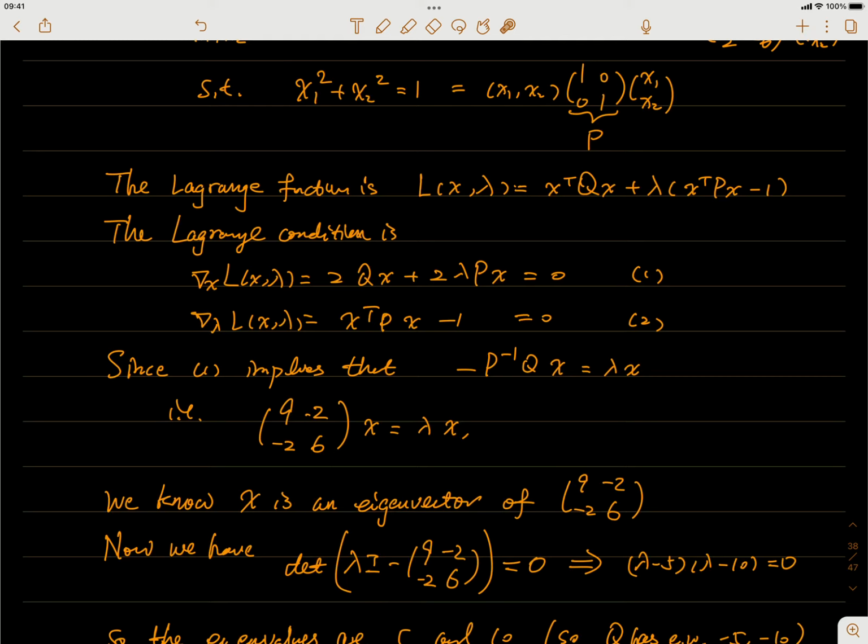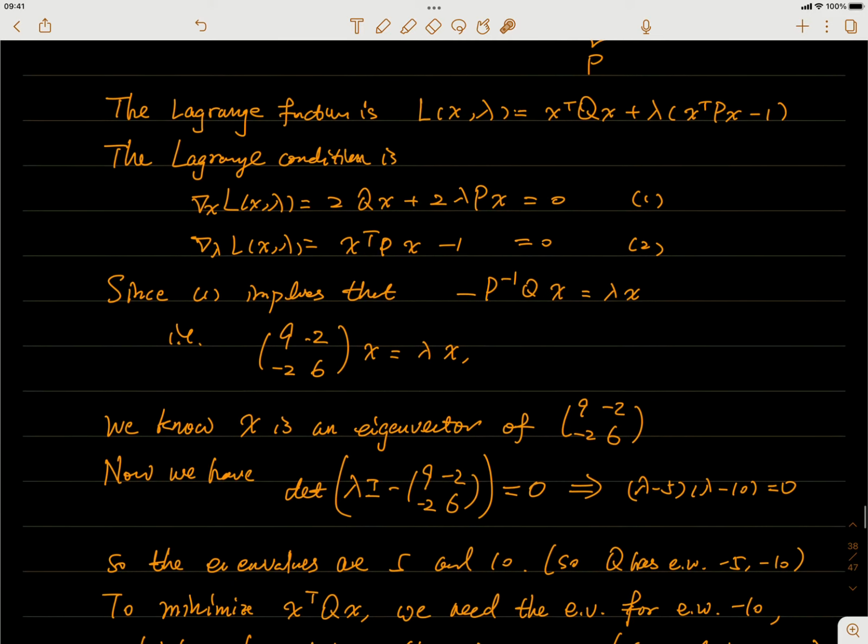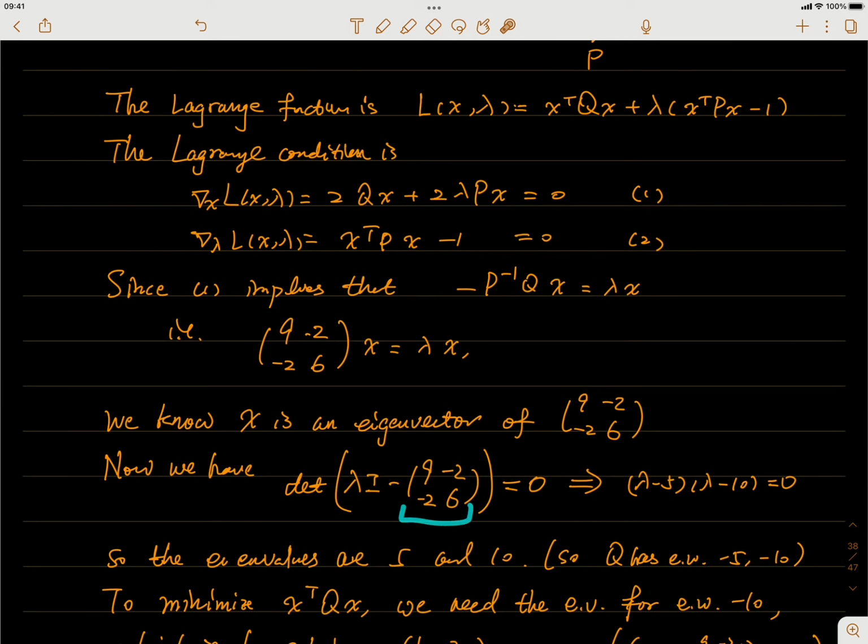In general, it should be a polynomial of lambda of degree n, where n is the size of the matrix. So for n equals 2, we just get that, and this means that the eigenvalues are 5 and 10. If the eigenvalues of this matrix are 5 and 10, then since Q is the negative of this, the eigenvalues of Q should be negative 5 and negative 10.